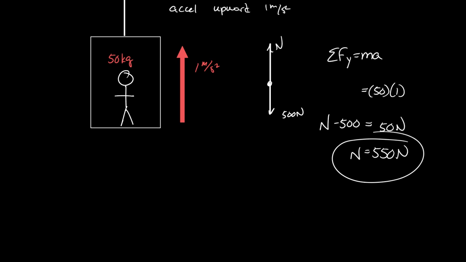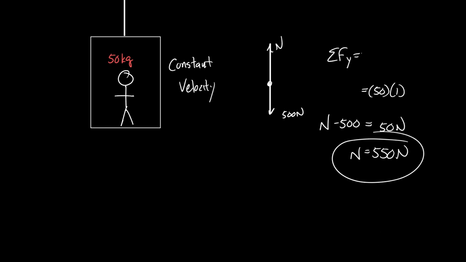Part 2 of the problem. The elevator travels at a constant velocity. All right, well, I'm no longer accelerating upwards. That means my net force has to be equal to 0.